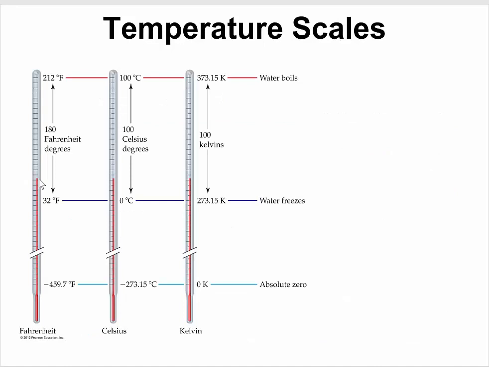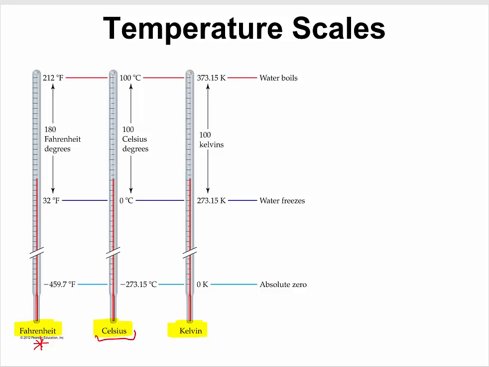There are three common units of temperature. They are the Fahrenheit, the Celsius, and the Kelvin. We need to know how to convert from one temperature unit to another, because in the United States, we mostly communicate in Fahrenheit, but the rest of the world mostly use Celsius.